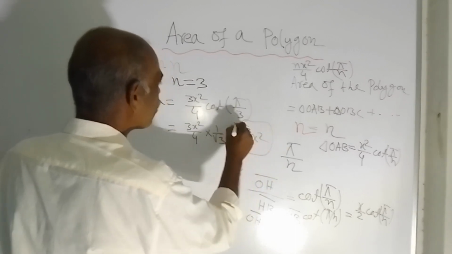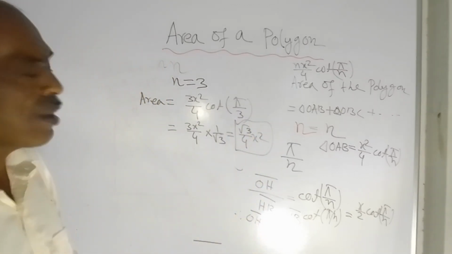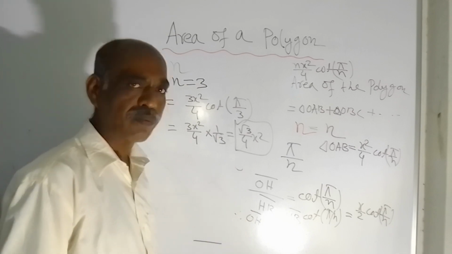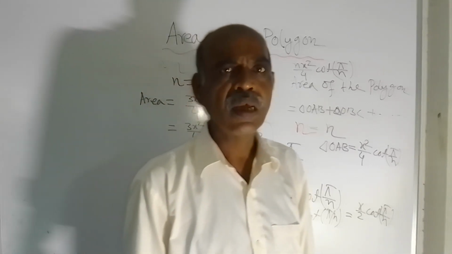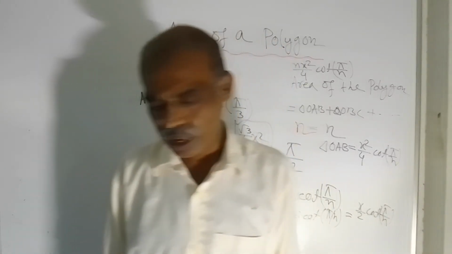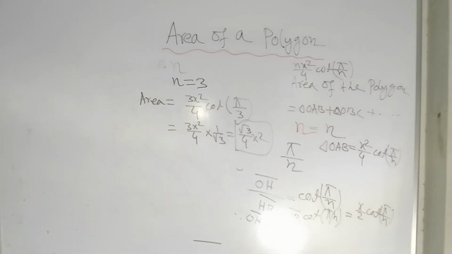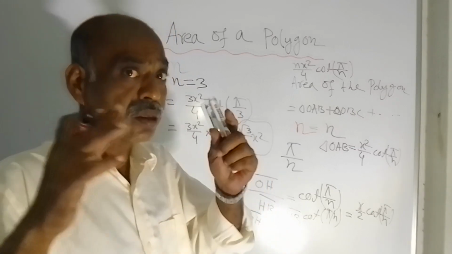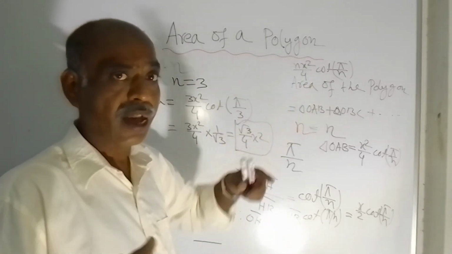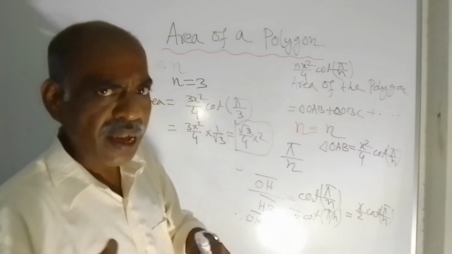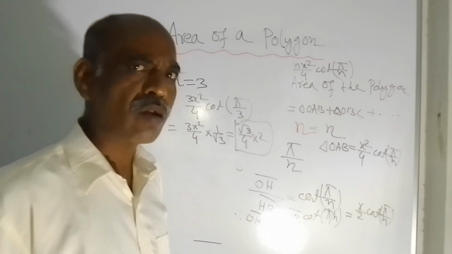I think this formula is known to you. The area of a triangle is equal to root 3 by 4 into the square of the side length. So this formula has been verified for a triangle, and for a square also.